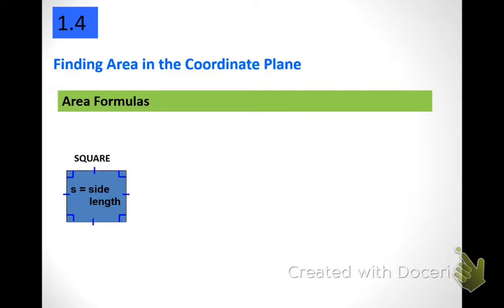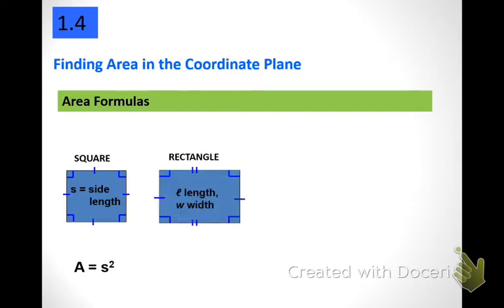So a square's formula is side squared, the side times the side. A rectangle is area equals length times width. It doesn't really matter which order, you're just multiplying those two together.